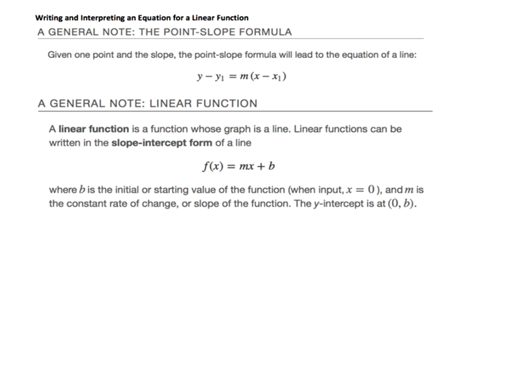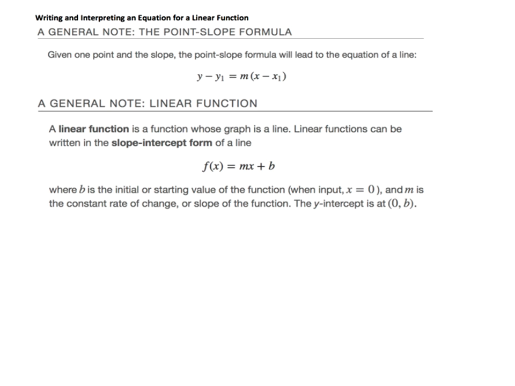Okay, so writing and interpreting an equation for a linear function. So on the screen here you have two different forms of a linear equation. The first one is called point slope form. And actually, let me go ahead and start color coding this.